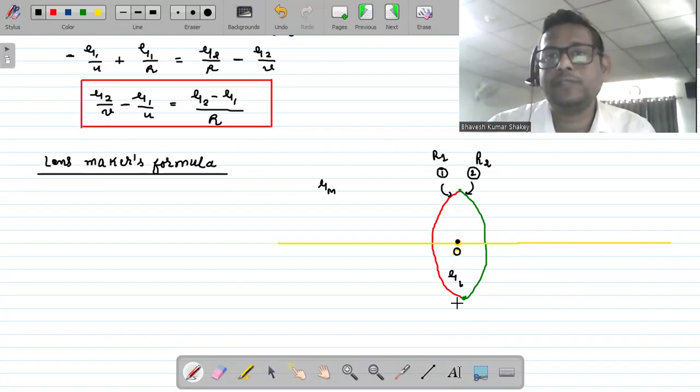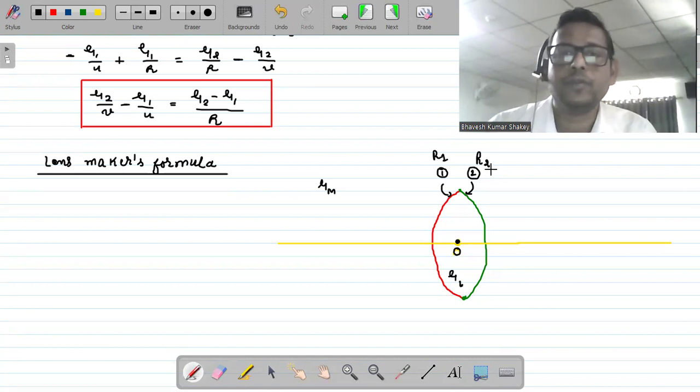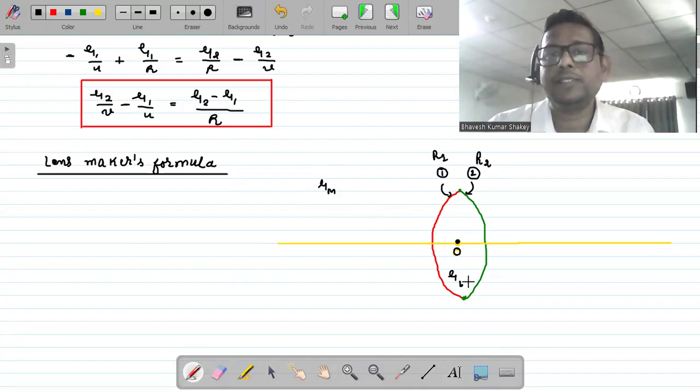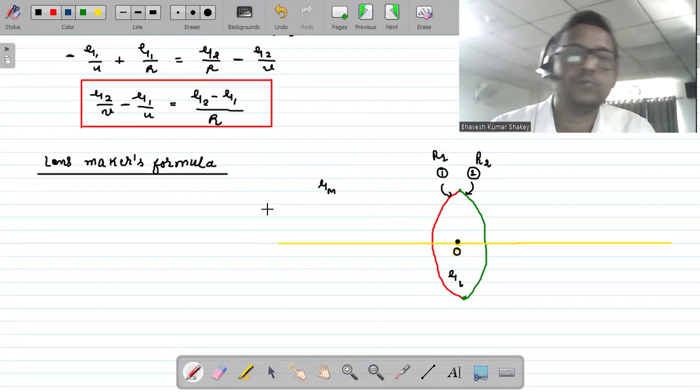This red one is spherical surface 1, green one is spherical surface 2. The radius of curvature for surface 1 is r1, and for surface 2 is r2. Mu m is the refractive index of the medium outside the lens, and mu l is the refractive index of the lens.